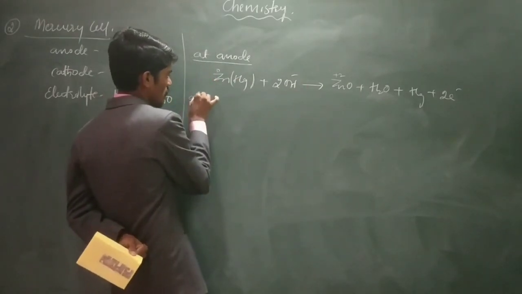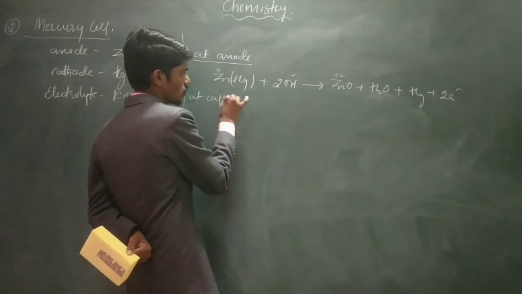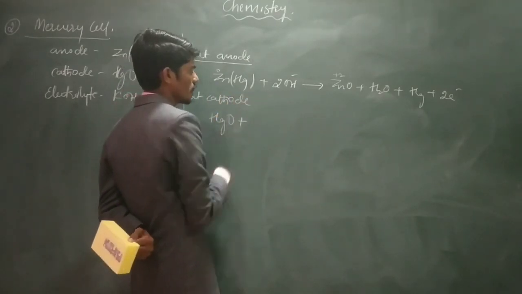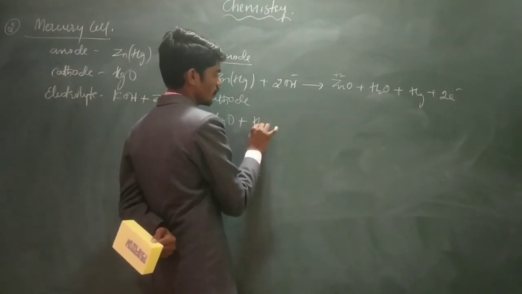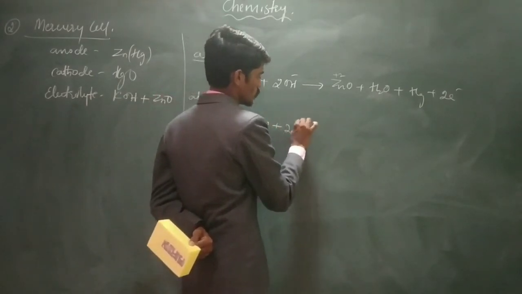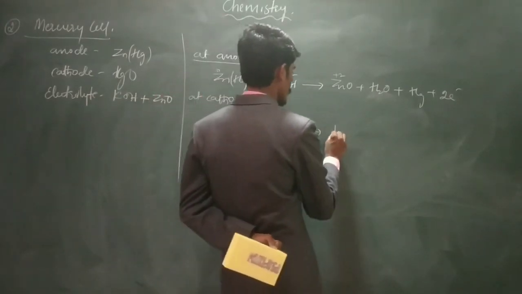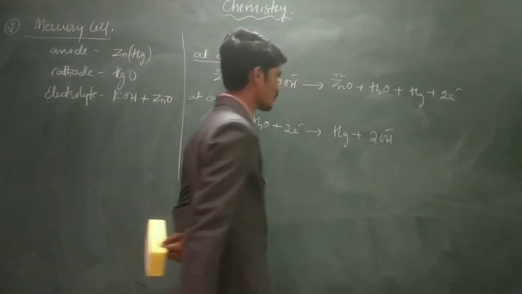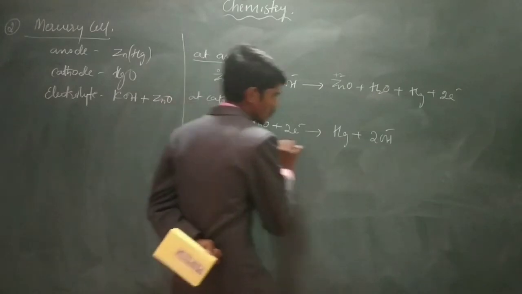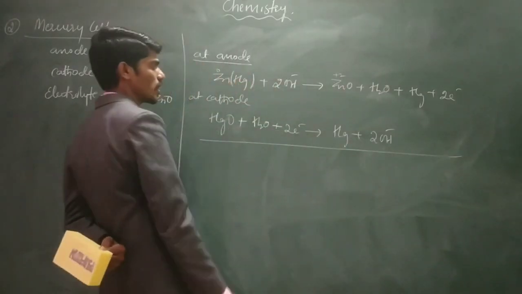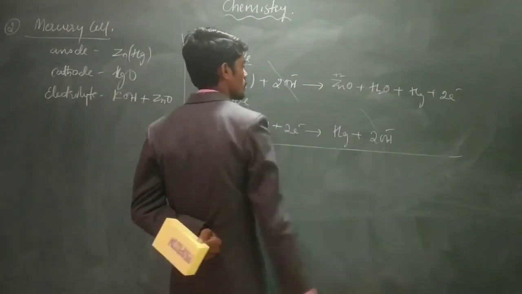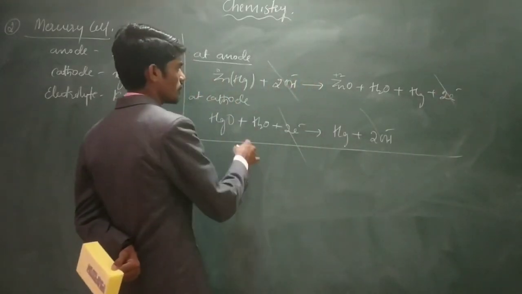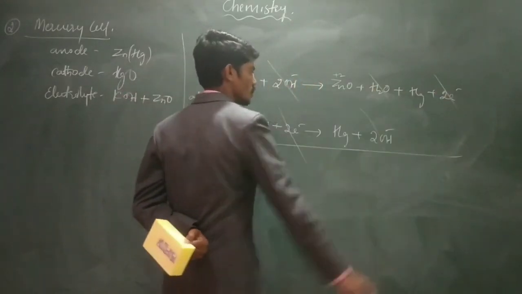Next, at the cathode, cathode means reduction. HgO undergoes reduction in the presence of H2O plus 2 electrons. This gives rise to mercury, which gets separated, plus 2 OH minus ions. In the overall reaction, 2 OH minus cancel, 2 electrons cancel, and H2O also cancels.